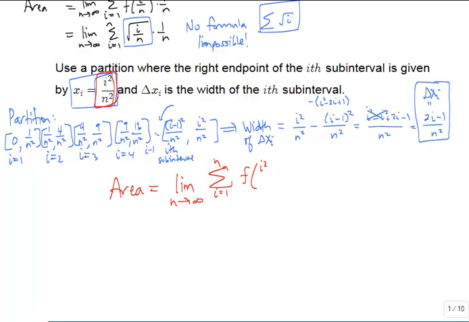So I'm using i squared over n squared as my right endpoint formula. And then I need to multiply these by each of those widths, and they're changing. So I don't have just a nice little simple formula like 1 over n for that. I have to use this formula for that. So let's go ahead and plug that in.